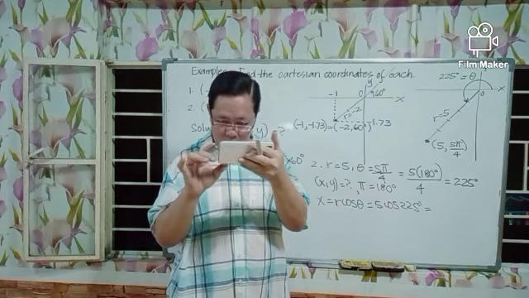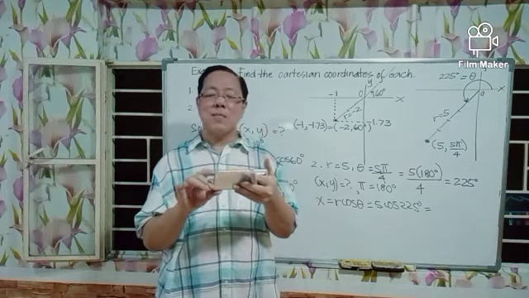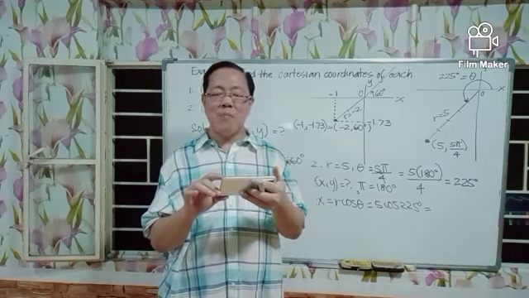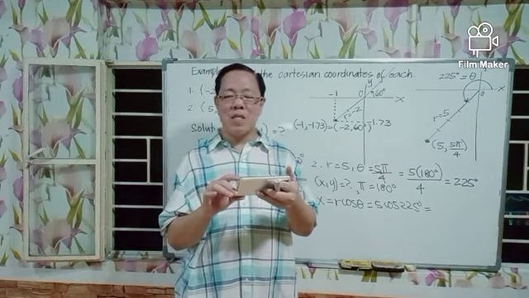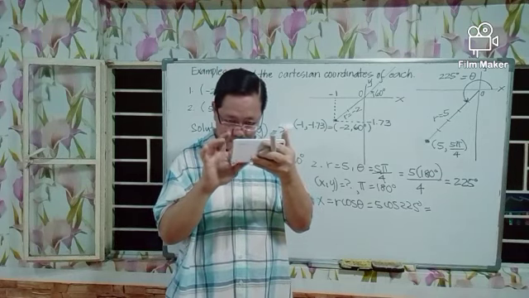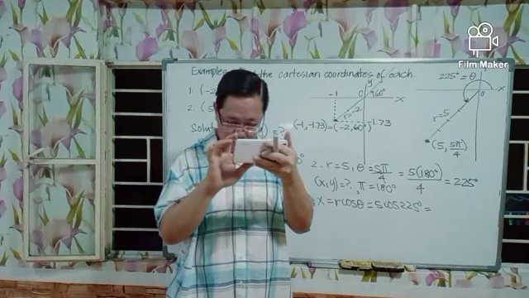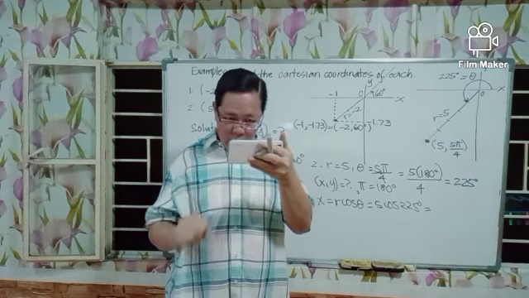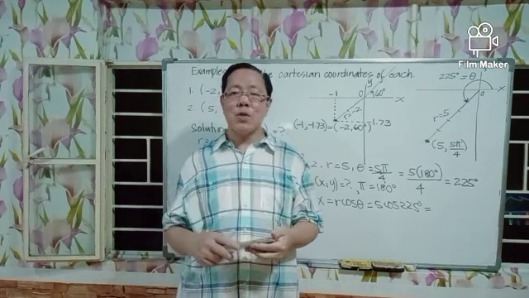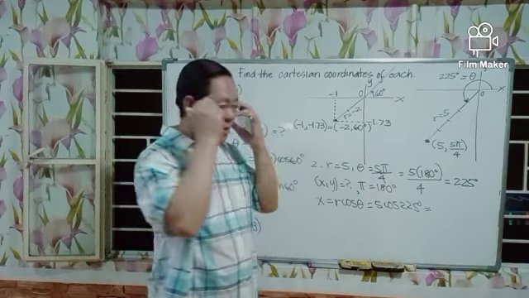Cosine of 225 degrees is negative 0.707 and multiply that by 5 before you round it off to 2 decimal places. And you should get negative 3.54 to 2 decimal places.